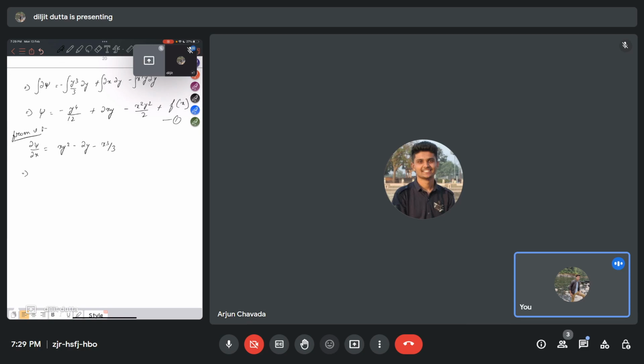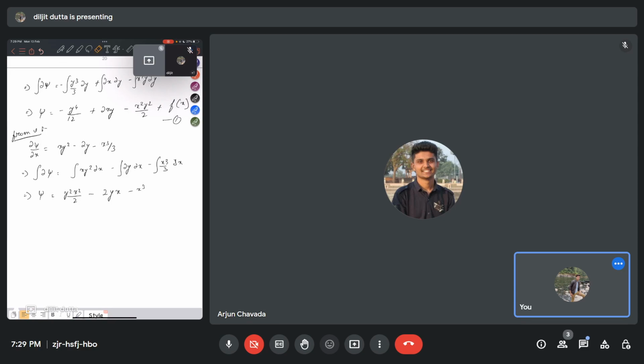So again you will get by integration the y square x square by 2 term, because y square is not dependent on x, again 2y into x, and minus x cube.